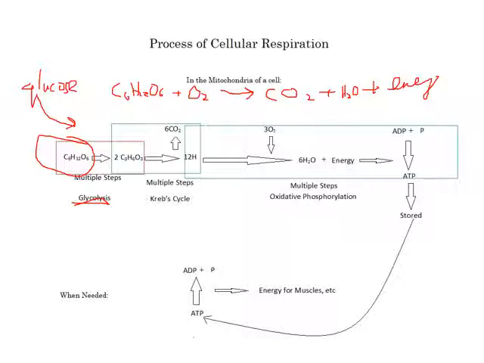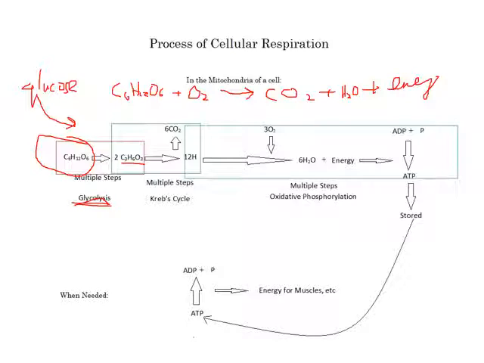There are going to be 3 steps here. The first step is to break the glucose into 2 smaller units. You don't have to draw it, just know that it splits it into 2 smaller carbon units. Notice nothing's lost or gained during this process.